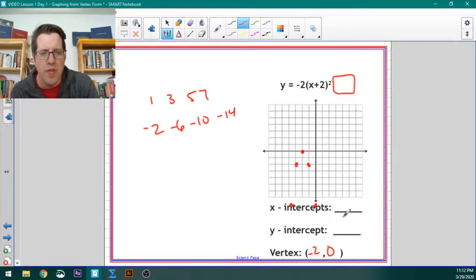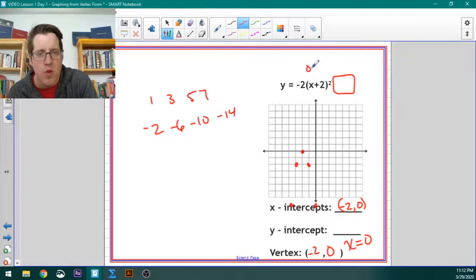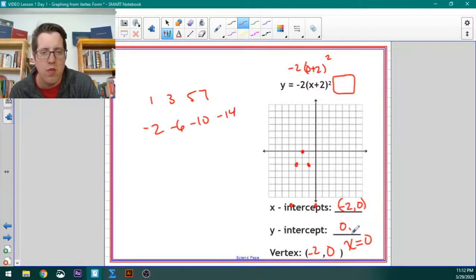We only have one x-intercept here. It's -2, 0. If we plug in x equals 0, that's how we find the y-intercept. That would be 0 plus 2, that's 2, squared, that's 4, times negative 2, which makes 0 comma negative 8.